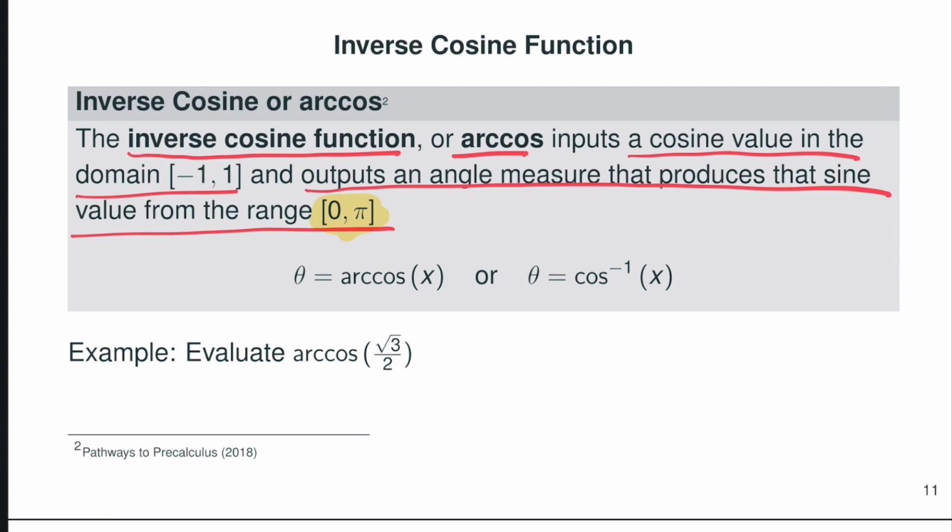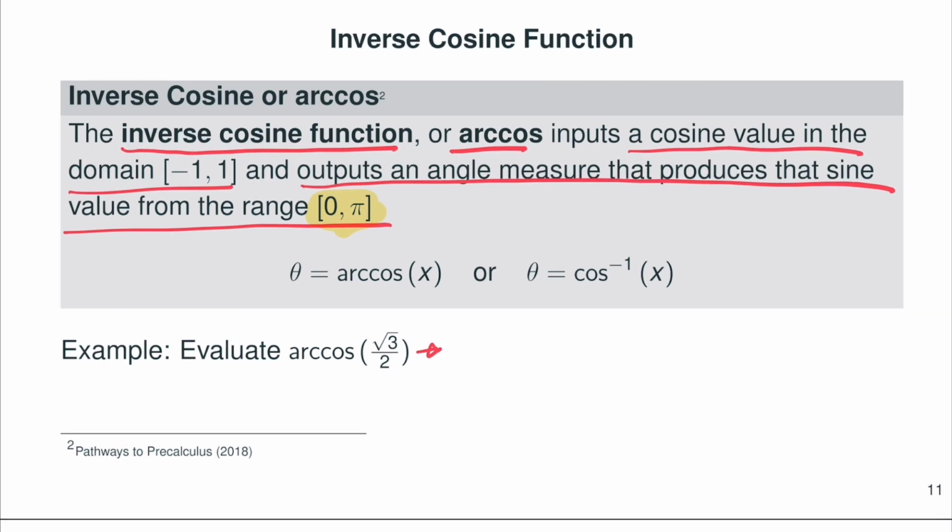Note the two different ranges. So what is this asking? This question is asking, what angle do I need for cosine to achieve √3/2? And it's also implying this range. So the evaluation you get must be between 0 and π, and only one answer because it's a function.